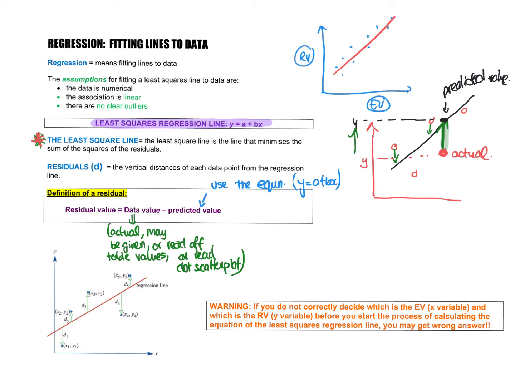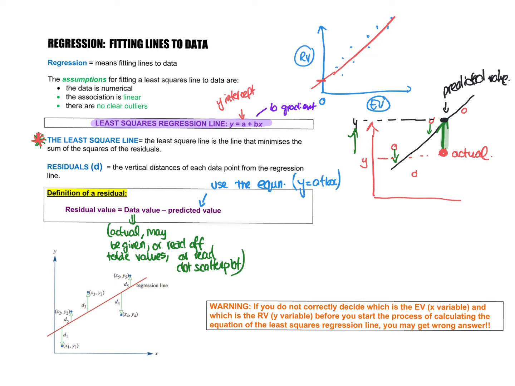Remember that the a is like the y-intercept. So what do I mean? If this was 0 down here on the x-axis, this value would be my a value. And what did we say the b was? Yeah, good. So maybe just write that: b is the gradient.